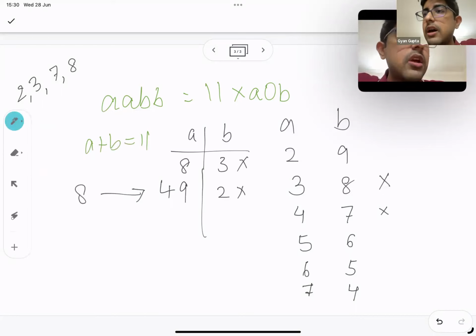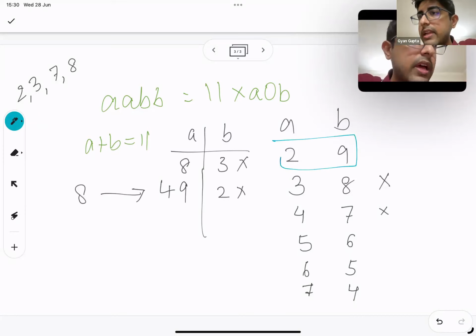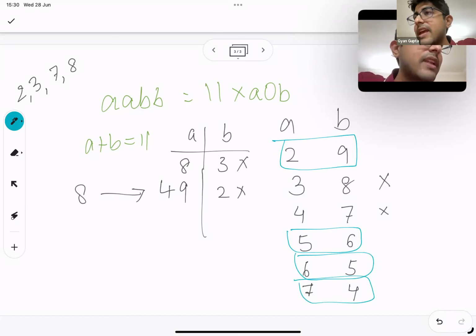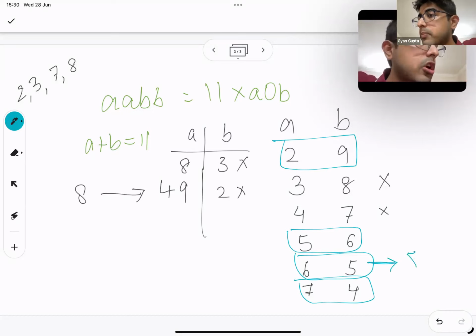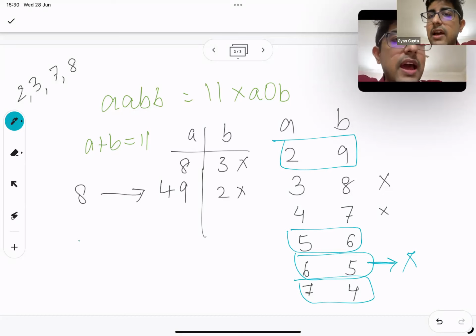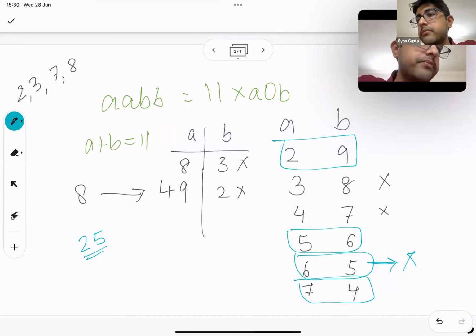So the possible answers are 2, 9, 5, 6, 6, 5, 7, 4. The next step here is to observe that 6, 5 is also not possible because a perfect square with 5 in the units digit will have the last 2 digits as 25.